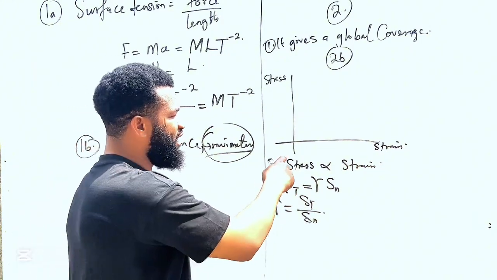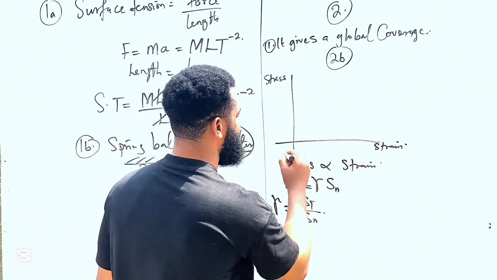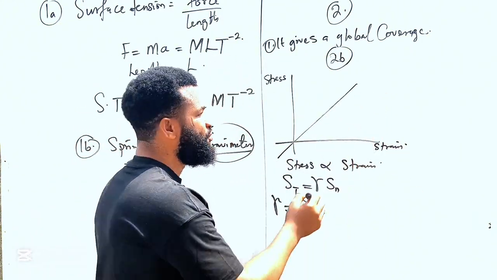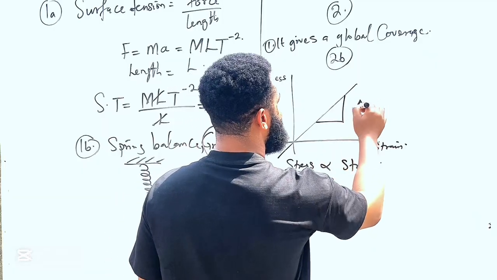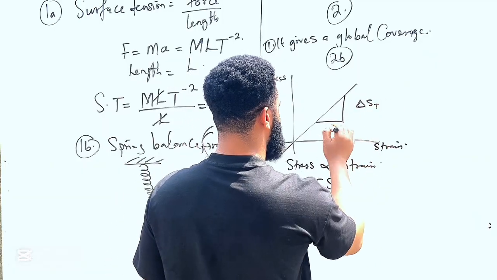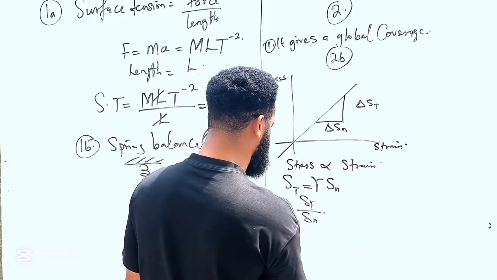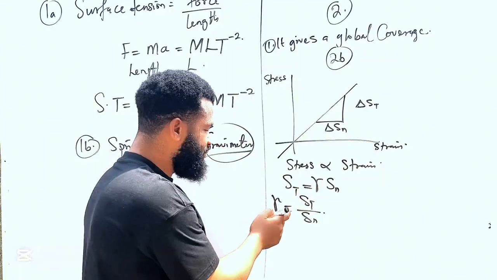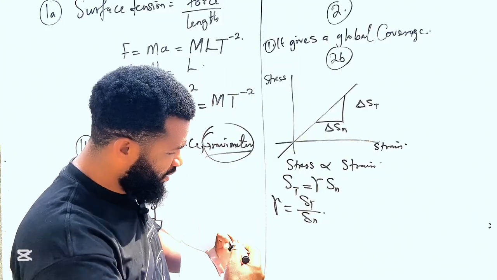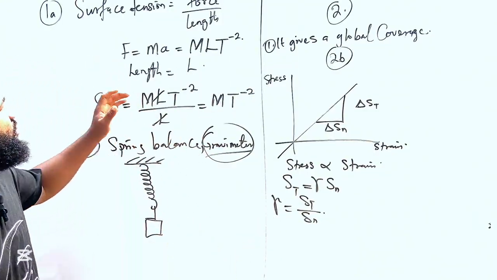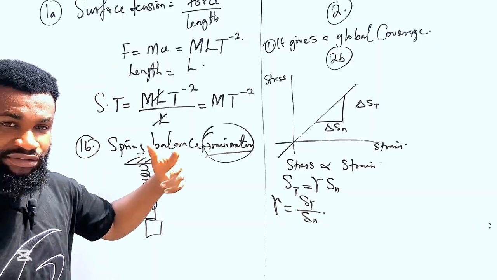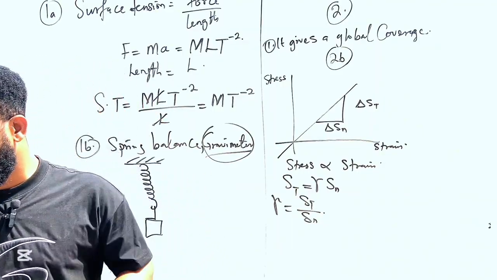Because they are directly proportional, the graph is a straight line. So the slope, that is the change in tensile stress over the change in tensile strain, is the Young modulus. Young modulus is the answer. Okay, let us clean the board and continue with number 3.